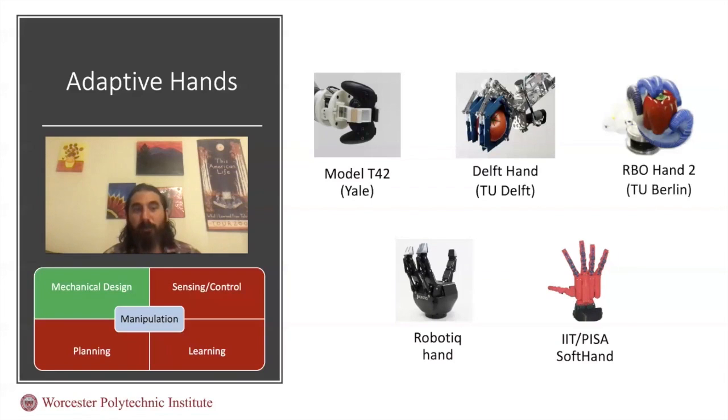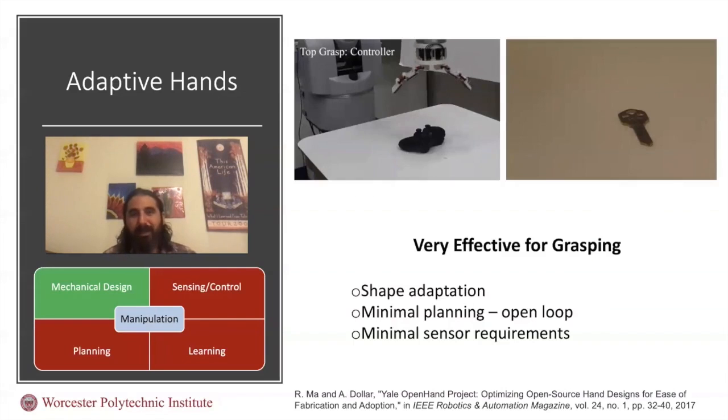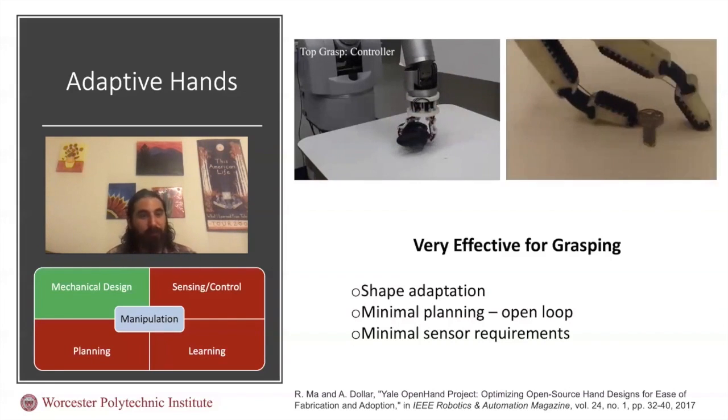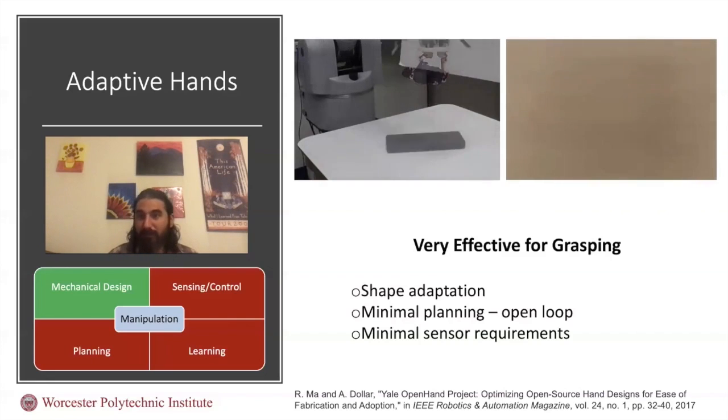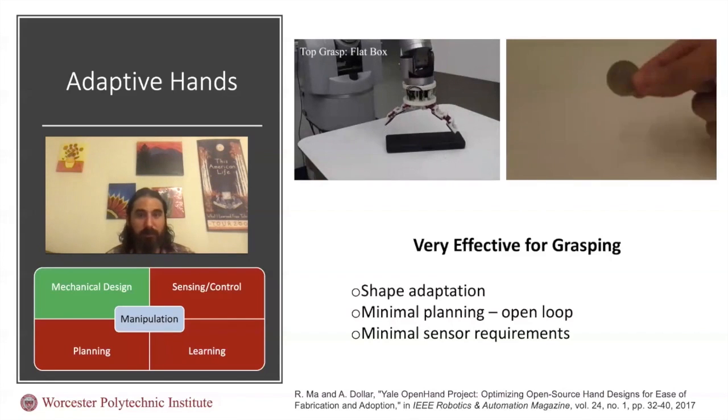From a mechanical design perspective, we are very much interested in the role of compliance and adaptive hands for achieving our manipulation operation. There are many successful adaptive hand designs in literature, some of which you can see in this slide. And these hands are proven to be very effective for grasping tasks. Thanks to their shape adaptation property, they can comply with the shape of the object, and also they can allow us to interact with the environment and come up with effective manipulation strategies.